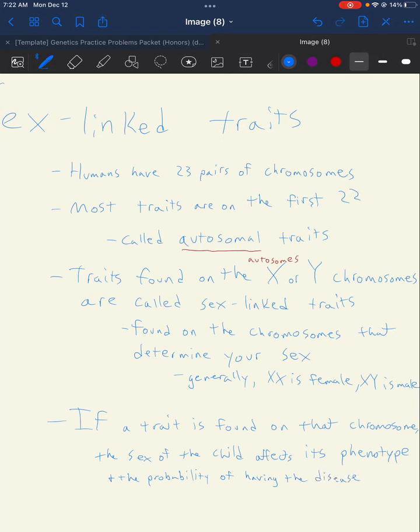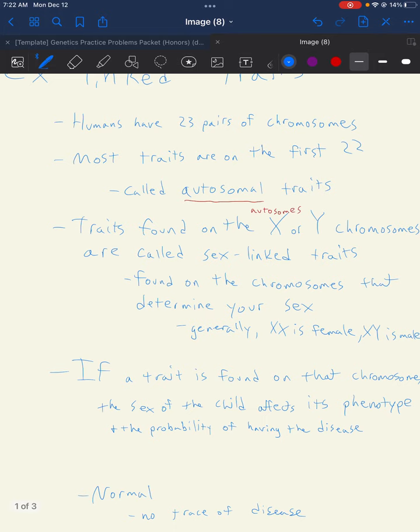It affects both of those. So there are three different things that we use to talk about these people. First, someone of the normal phenotype and genotype, because for this, you don't really have a heterozygous that's the same as homozygous dominant.